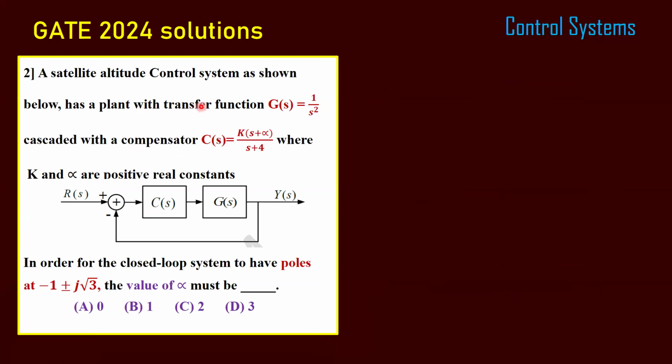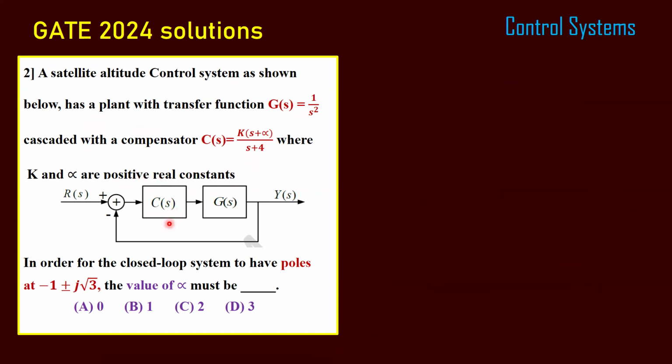A satellite attitude control system as shown below has a plant with transfer function G(s) equal to 1 by s square, cascaded with the compensator. For the compensator, a function is also given, where K and alpha are positive real constants.